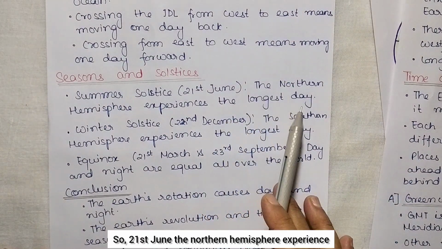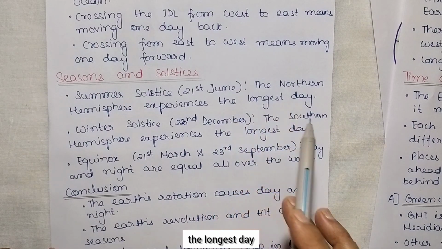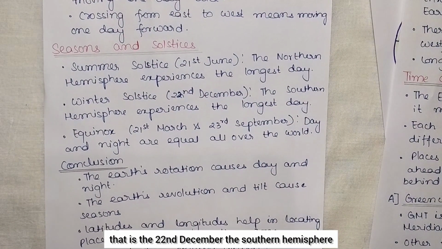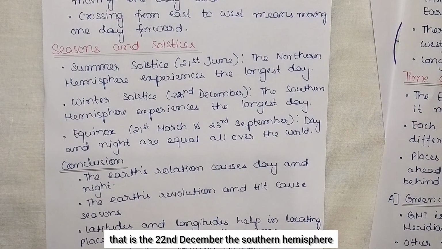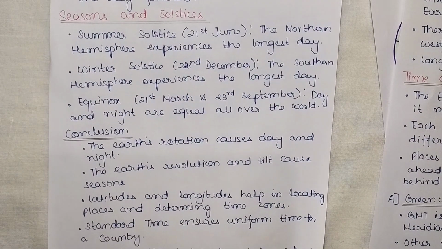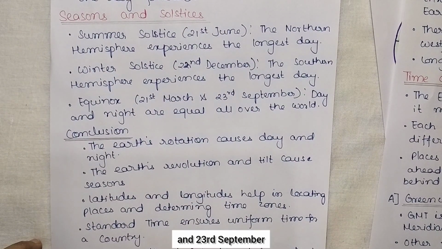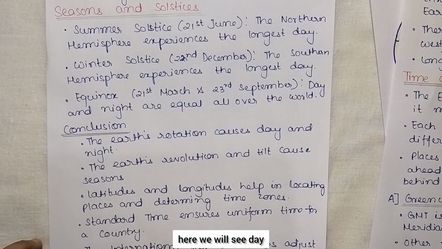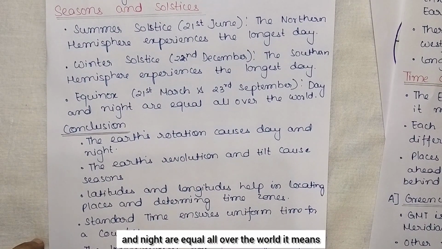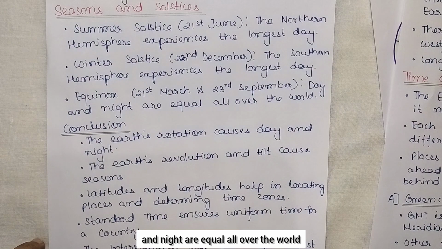On 21st June the northern hemisphere experiences the longest day, and on the winter solstice, that is 22nd December, the southern hemisphere experiences the longest day. And the equinox, that is 21st March and 23rd September, is when day and night are equal all over the world. It means the sun is above the earth's equator at that time of the year.